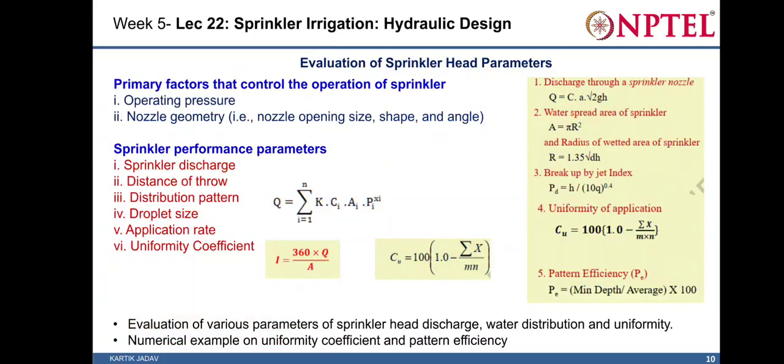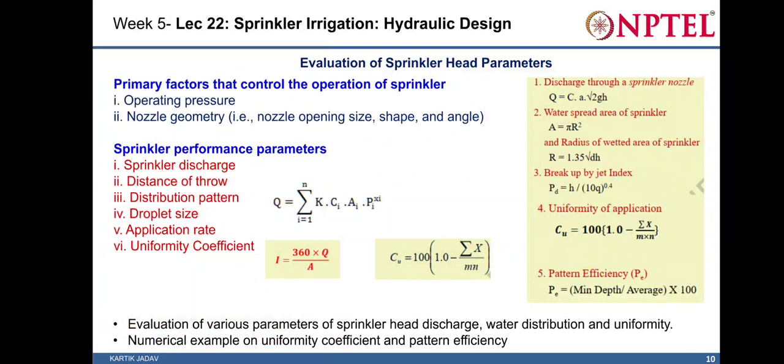Nozzle geometry depends on the opening size of the nozzle, and the shape and angle of the nozzle. For sprinkler performance parameters that we can plan, there are a total of six parameters. First is the sprinkler discharge, then distance of throw, distribution pattern, droplet size, application rate, and uniformity coefficient.